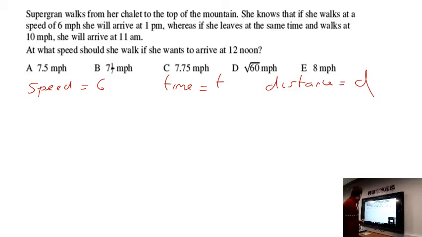Okay, so let's make a relationship between this. So we have speed, which is 6, is equal to distance divided by time.